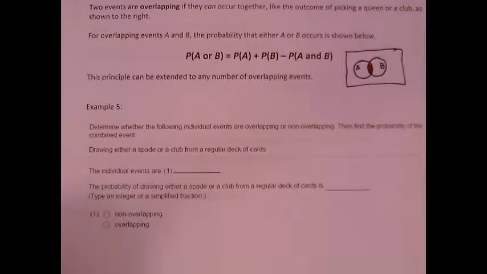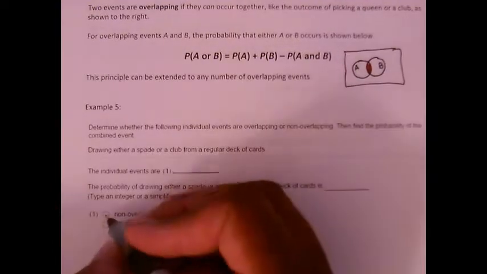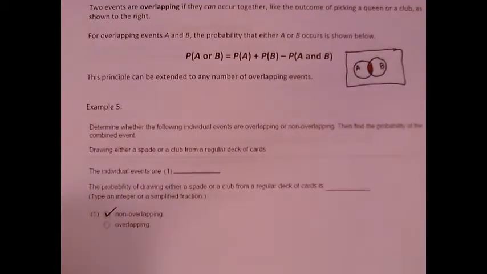Now, for a spade, there are 13 possibilities. And then you've got clubs. That's also 13 possibilities. There are 4 suits. Those suits are independent of each other, so we don't have to worry about an overlap in those 2. So here, this is considered to be a non-overlapping event.